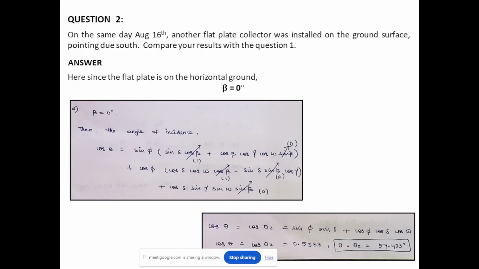So I hope nobody has any doubts with respect to the 3 questions that we solved. Question number 1, in case anybody is attending for the first time, is given already in the NPTEL course portal, in the problem solving session for Jan 2024.